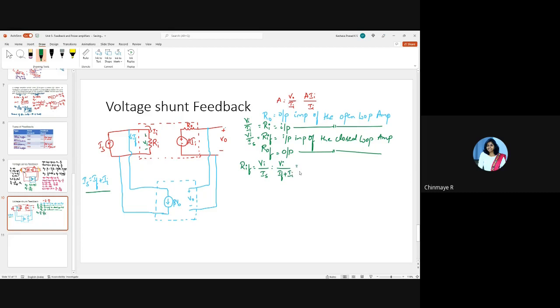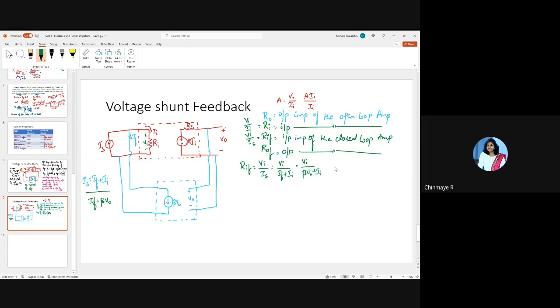Correct? But what is If? We know that If is equal to beta V naught. Look at this, this If is the same current as that of beta V naught. So I can write this as Vi by beta V naught plus Ii.